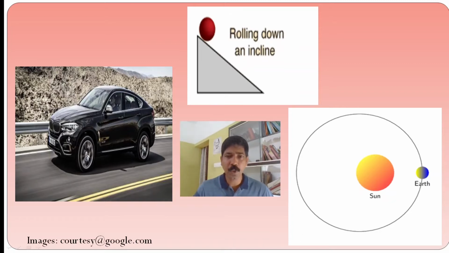We are familiar with rotational motion and also with translational motion. When this kind of motion comes, a motion which includes both translation and rotation, let us look at how to address it.